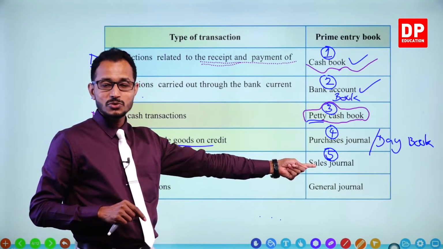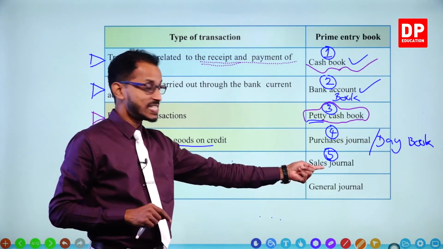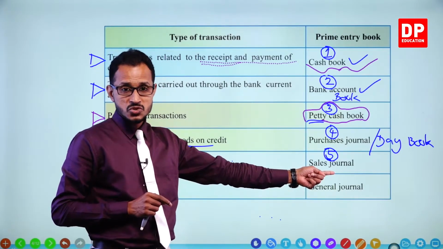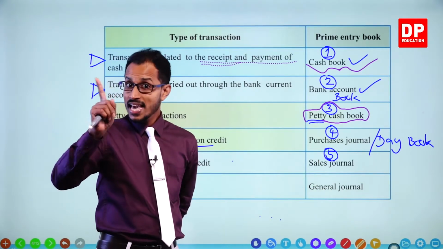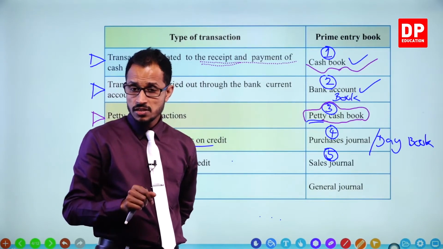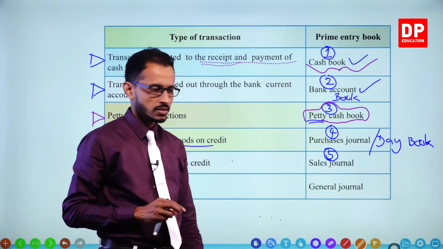Those transactions go to this. Selling of trading goods on credit goes to this. Not cash sales, children, not cash sales. Cash sales do not go to the sales journal.